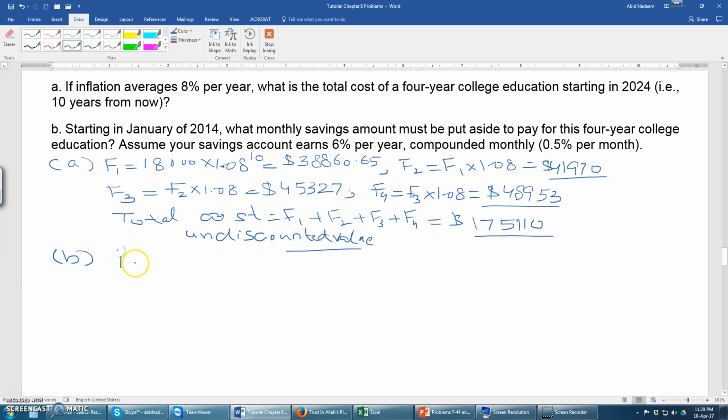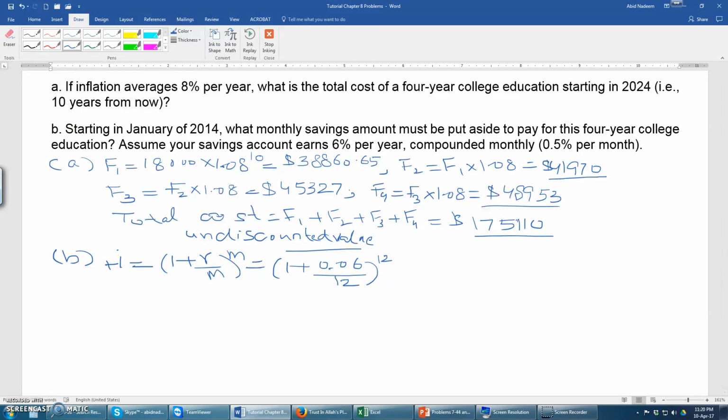So the effective interest rate i on an annual basis, we know that 1 plus r over m, power m. r is 6% per year compounded monthly, so 1 plus 0.06 divided by 12, power 12, and one more thing, this must be minus 1.